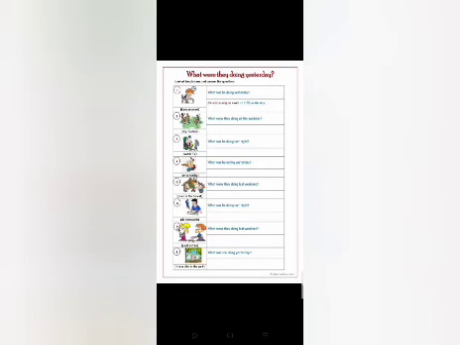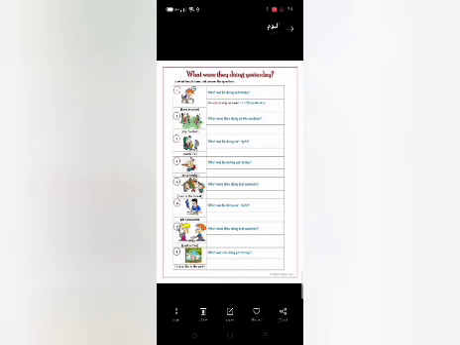Excellent. They were planting a tree. So because the subject is they, we have were. But what about the last picture, number 8? What was he doing yesterday? Yes, excellent. He was riding a bike in the park yesterday.